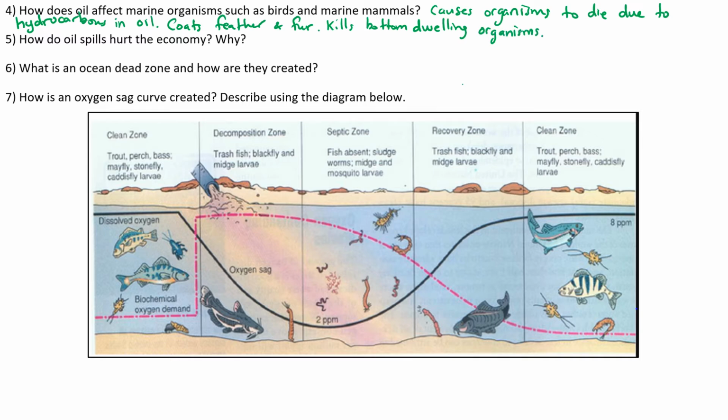Number 5. How do oil spills hurt the economy and why? So it damages tourism and the fishing industry.